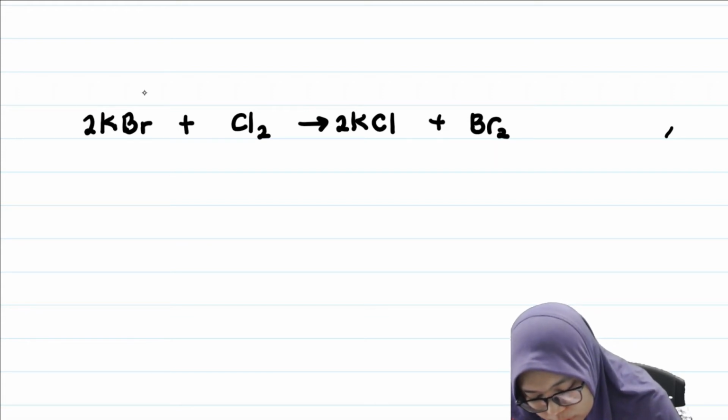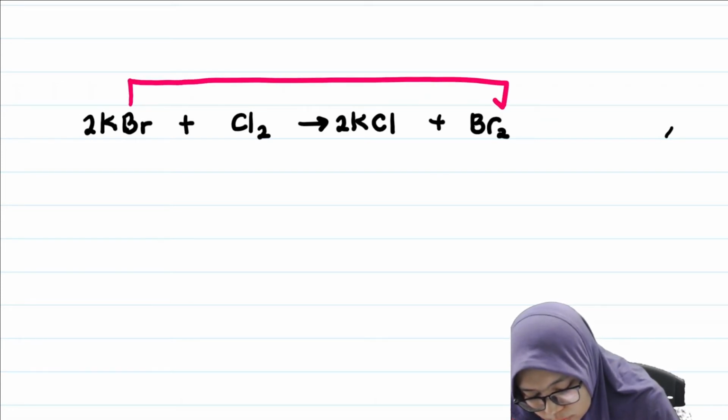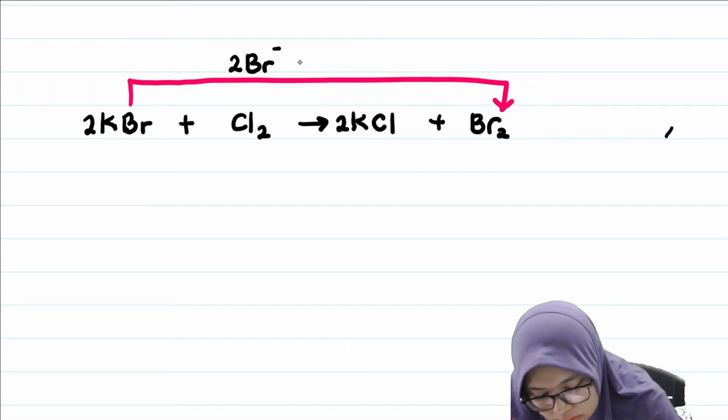In this reaction, as you can see, the bromide ion changes into a bromine molecule. If we look at the half equation, I can write that 2Br minus releases electrons to form a bromine molecule, and it releases 2 electrons.